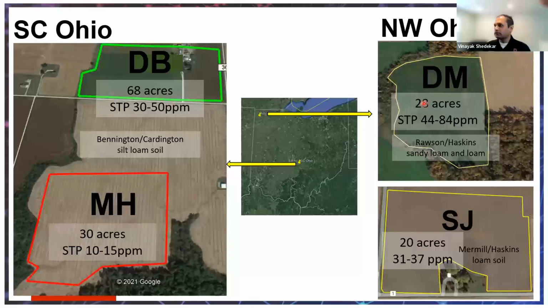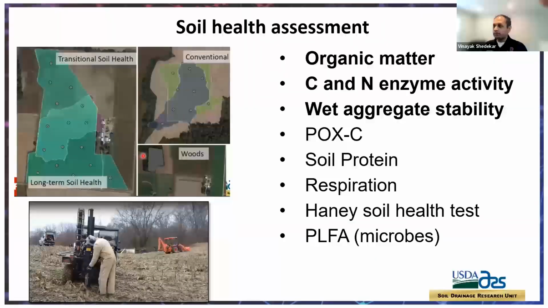Similar crop rotation, of course, cover crops, big part of this equation. This pair here, this field has somewhere between 25 to 30 years of the soil health practices versus a field that's being conventionally managed. We did try to select these fields that would have similar soil types, but of course we have a little more textural differences here in this pair compared to these two. And that becomes important, as Will mentioned.